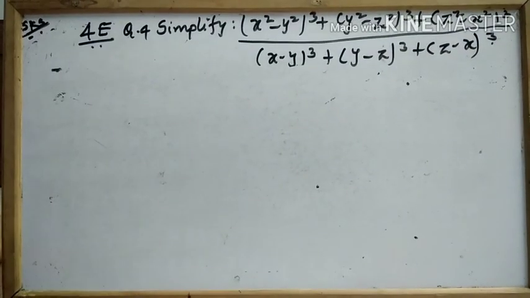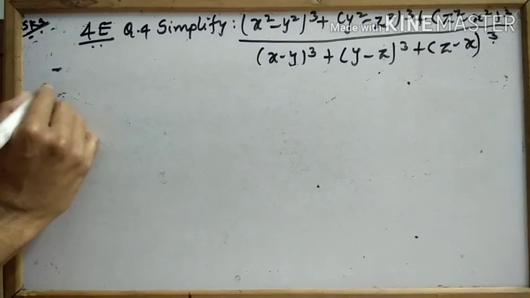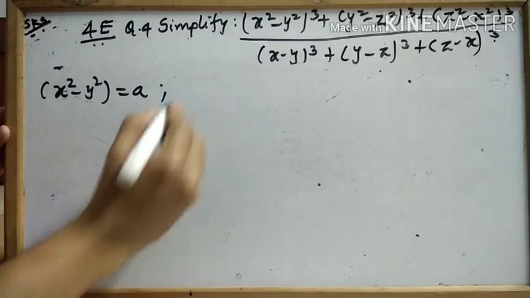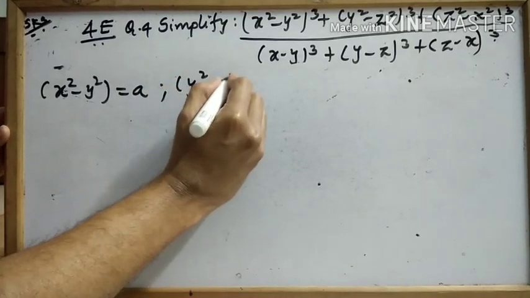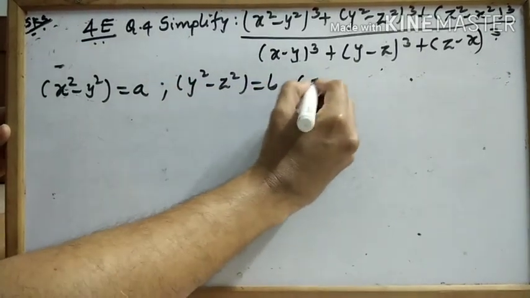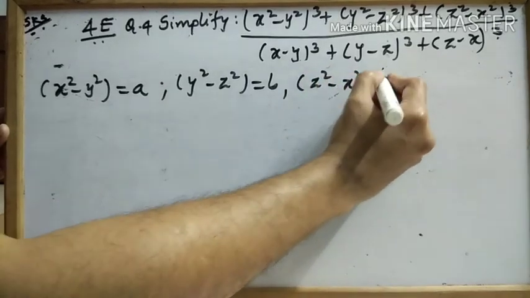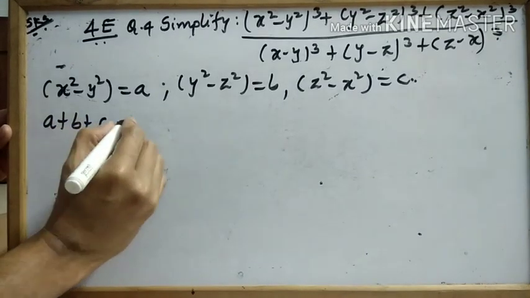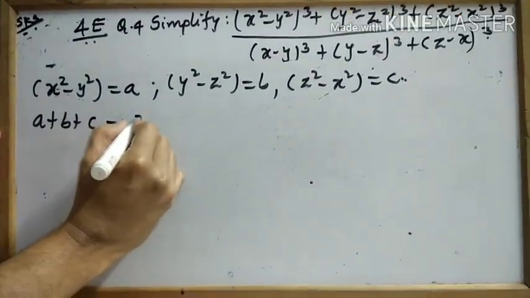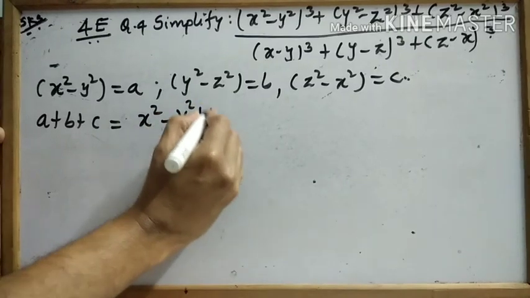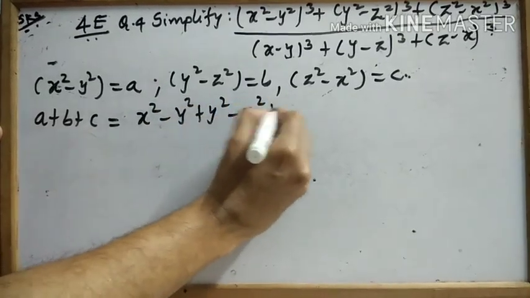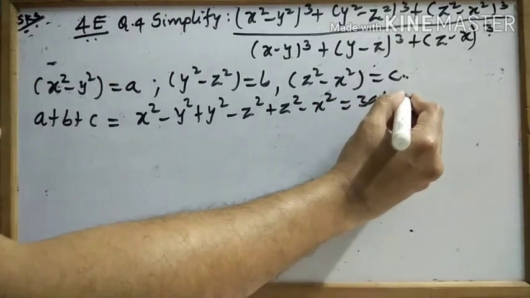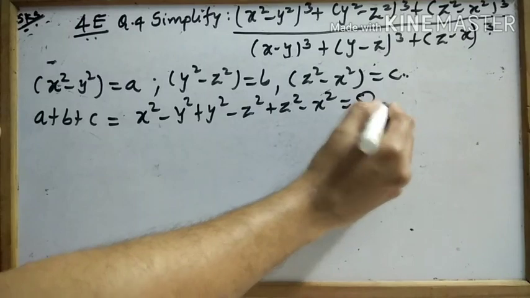Now what I am going to do is substitute, say, x square minus y square as a, y square minus z square is equal to b, and z square minus x square is equal to c. If I sum up a, b and c, what happens is x square minus y square plus y square minus z square plus z square minus x square is equal to 0.